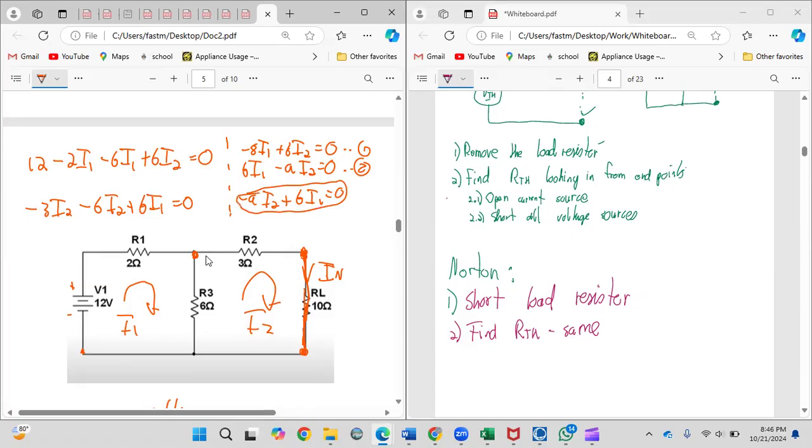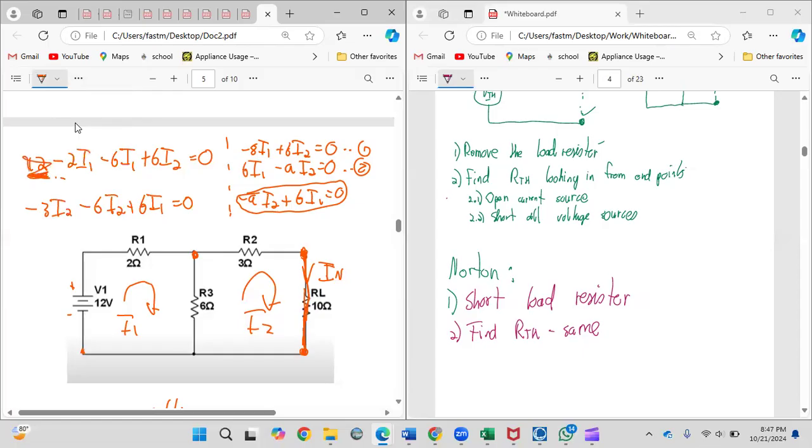So you can pull out a calculator now. Menu, go down to the equation. I think I showed you this last class, simultaneous. You have two unknowns, so you pick 2, you plug it in. So minus 8, 6, 0. Well, that's not right. Up here, it's about 12, so this should be minus 12 here.